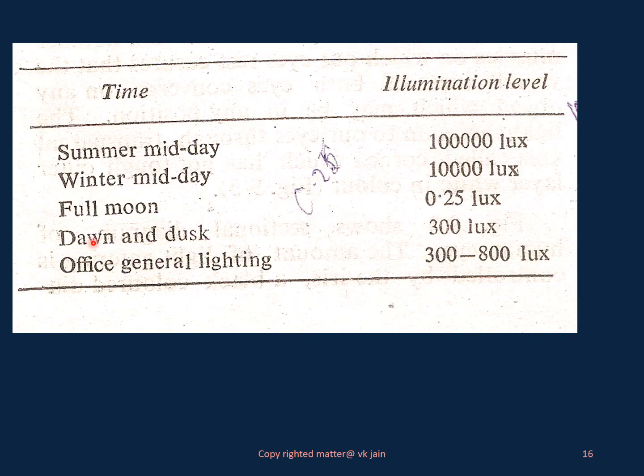During dawn and dusk, it gets reduced to 300 lux. Think of from 10,000 to 300 in winter and from 1 lakh to 300 lux in summer. For office general lighting, we need 300 to 800 lux.